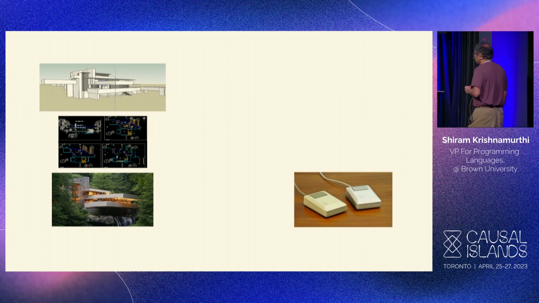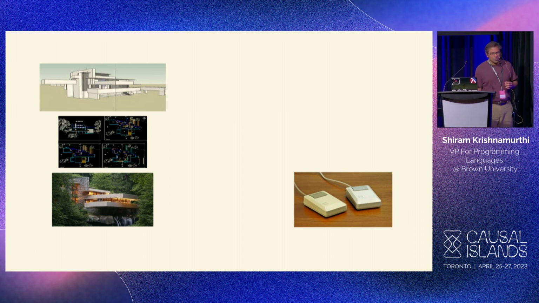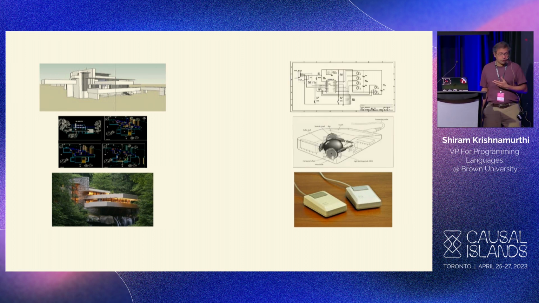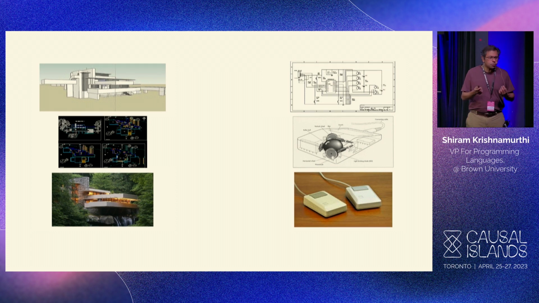Or here, for example, is the original Apple mouse, the infamous single button mouse, right? And here is from the patent of the original Apple mouse. Again, we've got multiple stages, multiple representations, and each representation talks to a different person in a slightly different way. And so planning and design are these multi-representational, multi-stage activities.